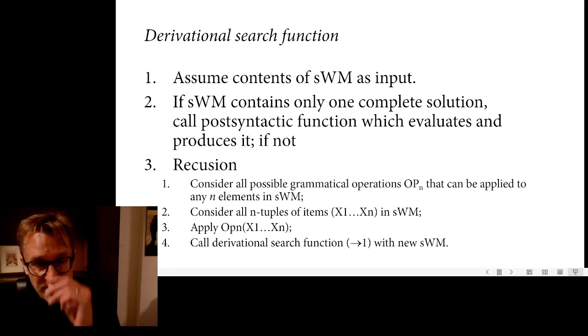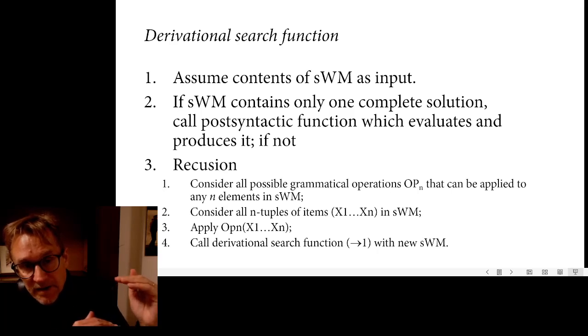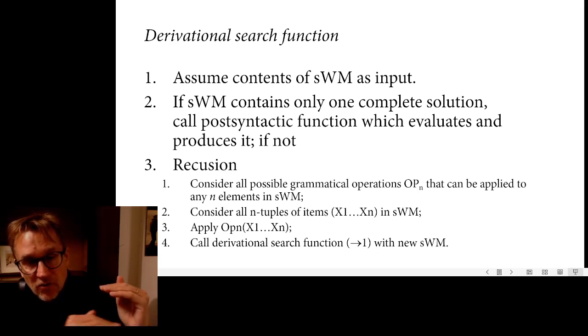To repeat, we take in a well-defined order every operation that there is in our grammar, defined by our grammatical theory, and for each operation we have to consider all possible ways of applying it to the items in the syntactic working memory. These are a nested loop, so after we have done this for the first operation, we move to the second, and we go through all possible ways of applying it, and so on and so forth.